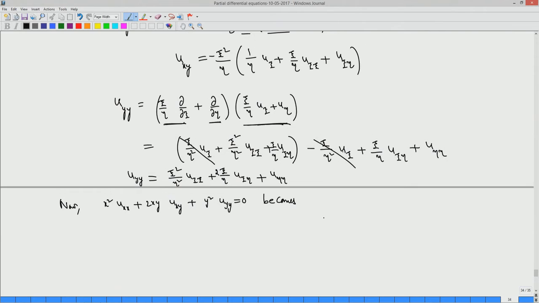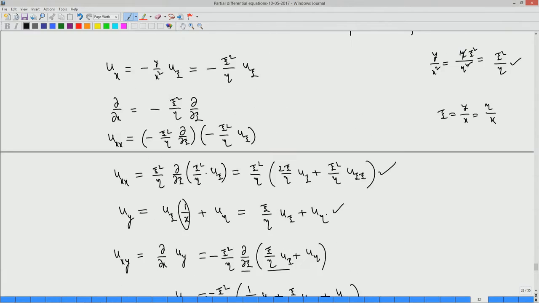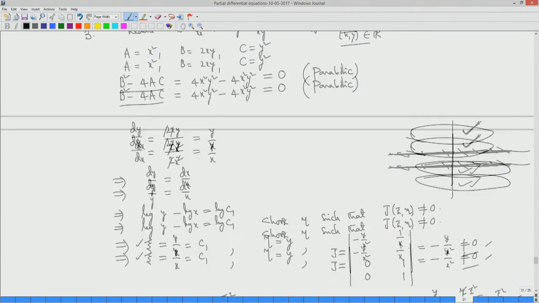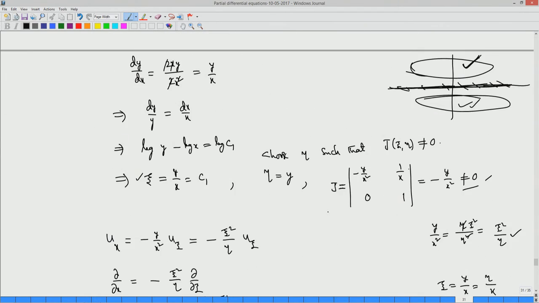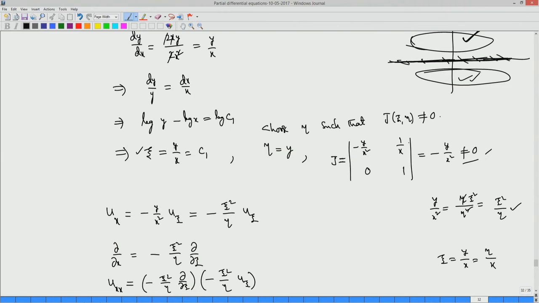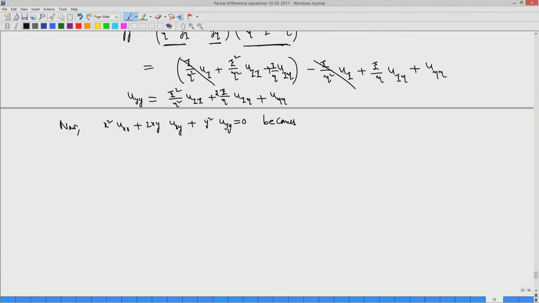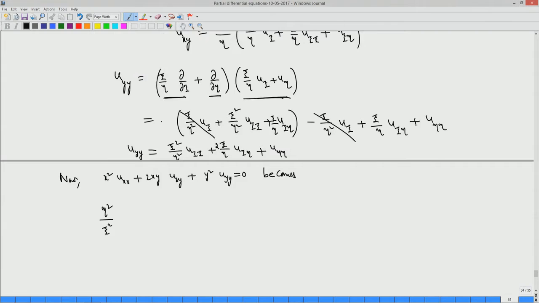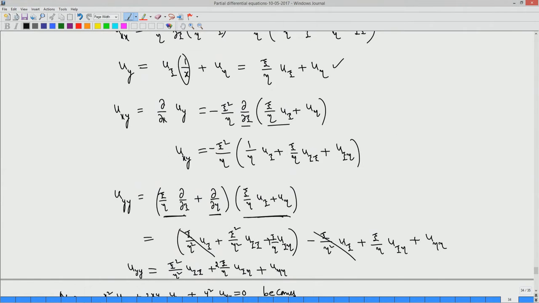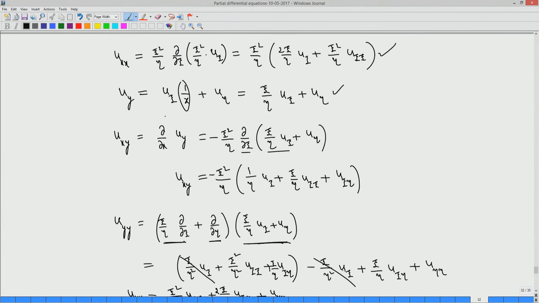What is x, in terms of the new variables xi and eta? So, 1 by x is xi by eta. So, x is eta by xi. So, you have x square is eta square by xi square u x x. You replace this with u x x. U x x is xi square by eta.